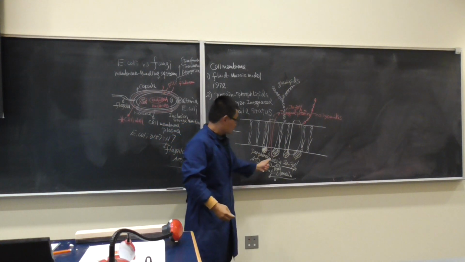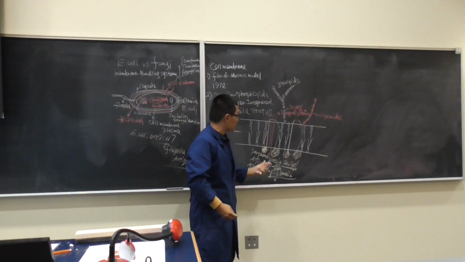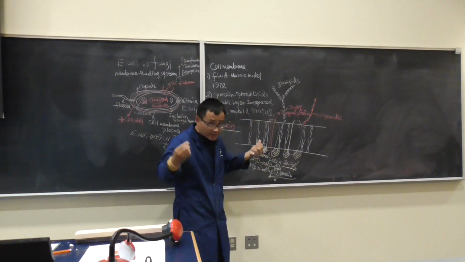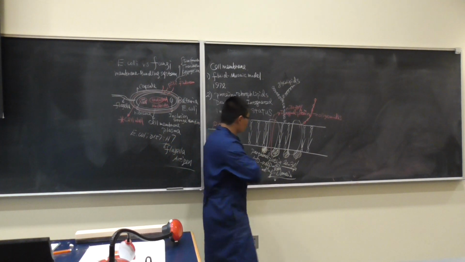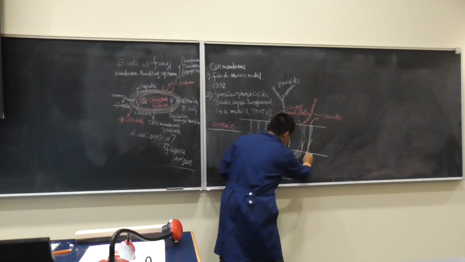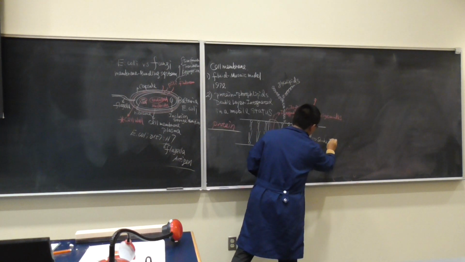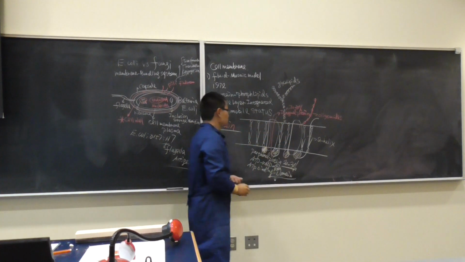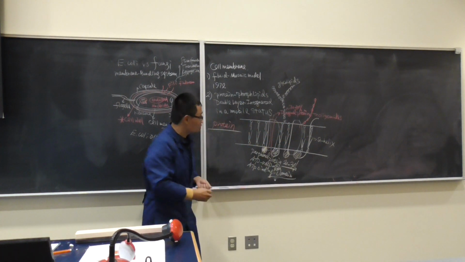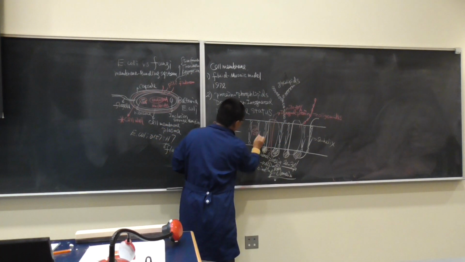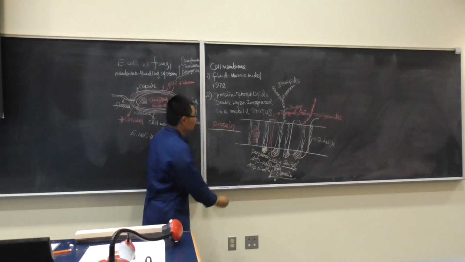Sometimes the integral protein is not that thick, not that heavy. It will be very thin, just a pass-through. And in the middle is an alpha helix. You're going to see that. And also you're going to see something right in the middle like this.